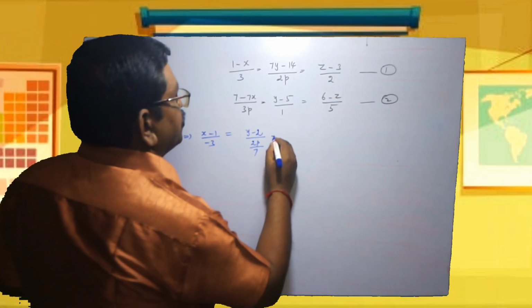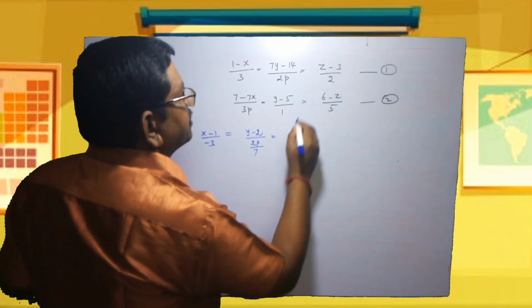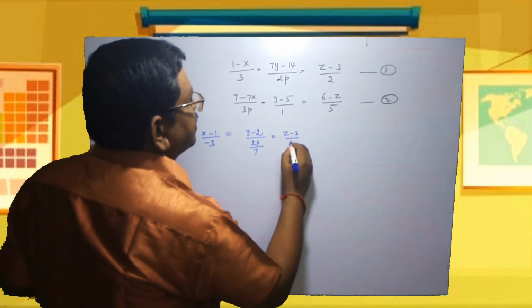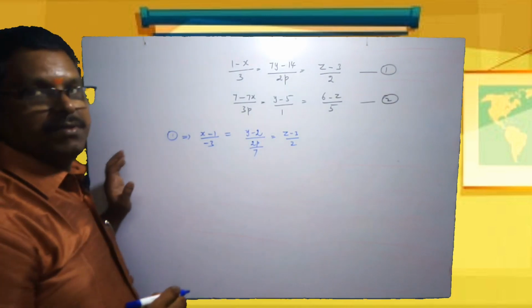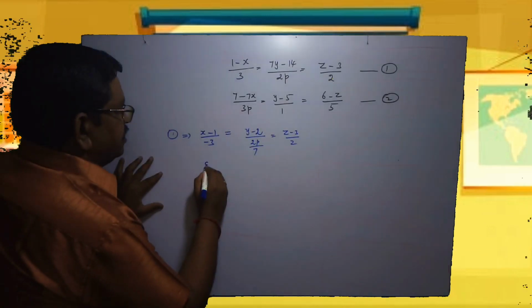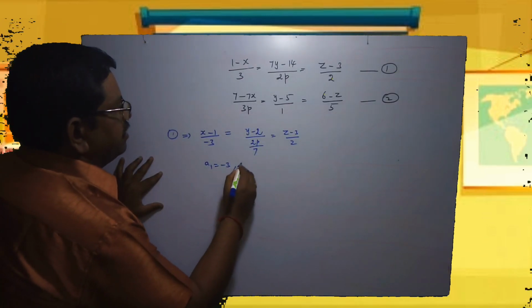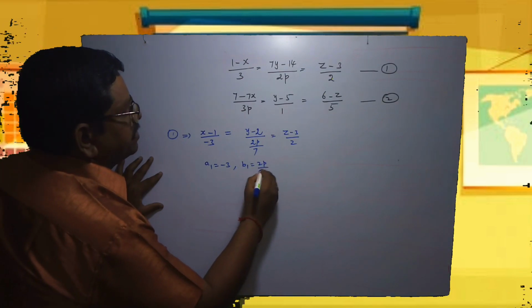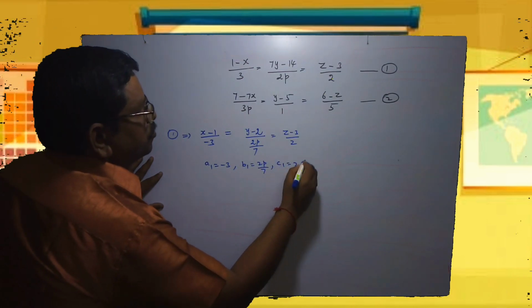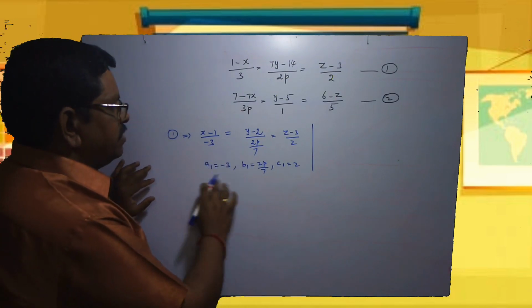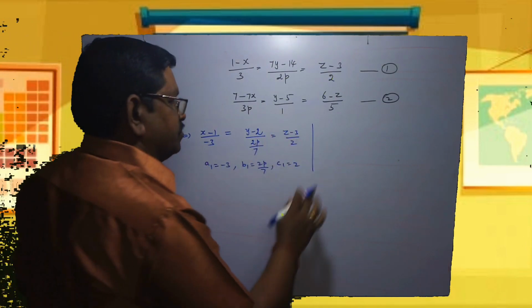It is equal to (z minus 3) by 2, there is no change at all, we can write it as it is. From here, a1 is minus 3, b1 is 2p by 7 and c1 is 2. From the first equation we have got the direction ratios.